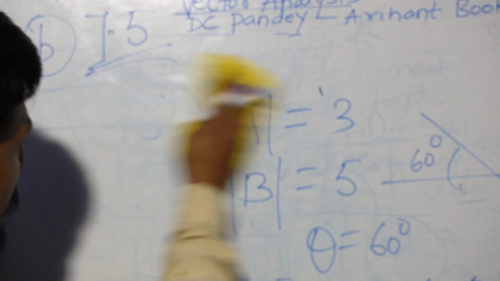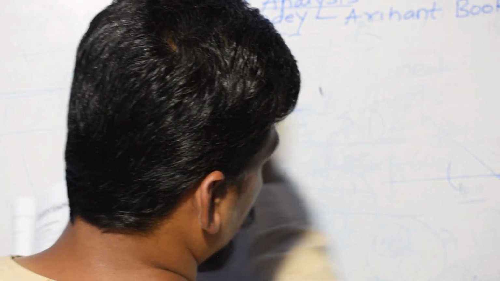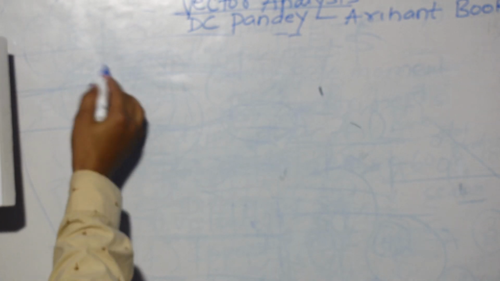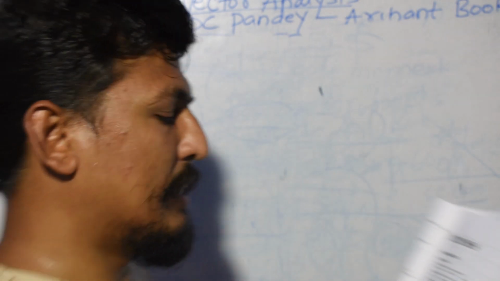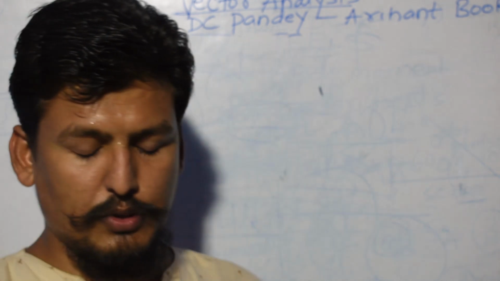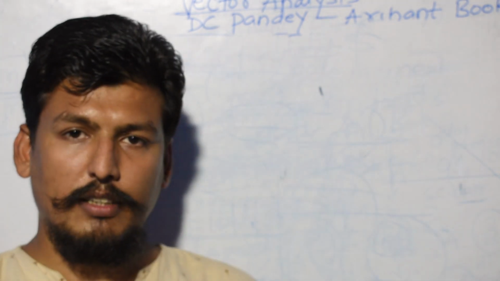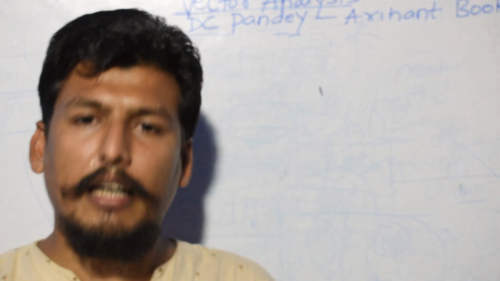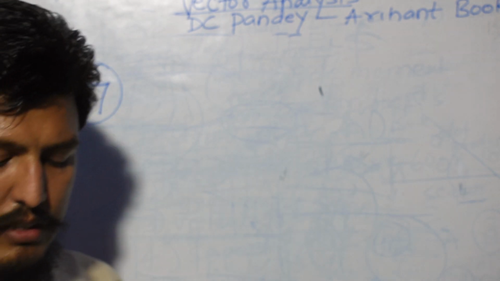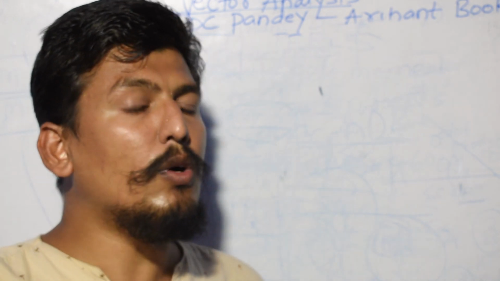So this is question number 6, and next we'll proceed with question number 7. The forces which meet at one point but their lines of action do not lie in one plane are called as? First of all, we have to listen carefully. If forces meet at one point, they must be concurrent. Now, if their lines of action do not lie in one plane, they are non-coplanar.